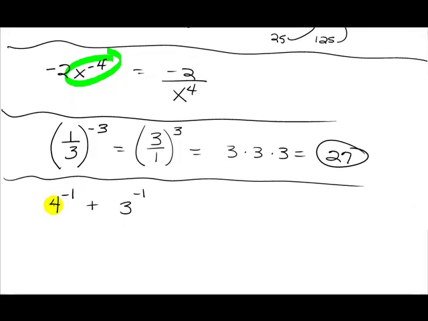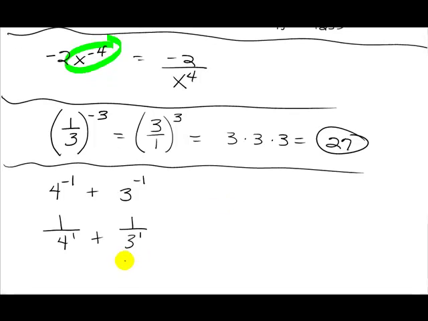Remember, this is going to put the 4 into the denominator, so we're going to end up with fractions. The 1 becomes positive, the exponent. Now we have 1/4 plus 1/3, which means we're adding fractions. So we need a common denominator.